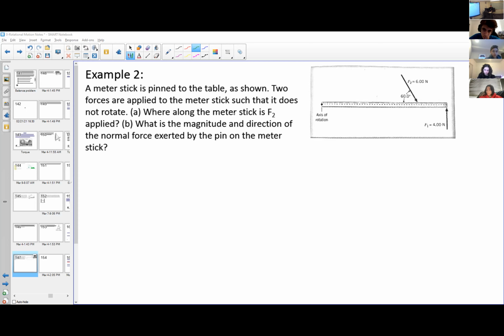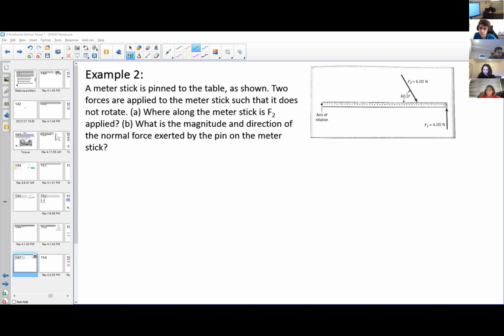So let's start with Rocky. Did you have anything that came to mind for you on how you could at least start this problem? We're focusing mainly on A right now, I guess. Well, I tried to find the torque for the angled one. So I did sine 60 times 6.